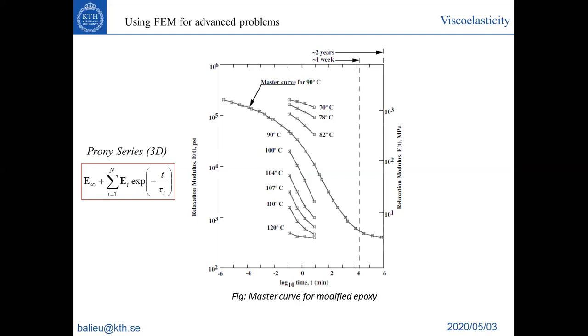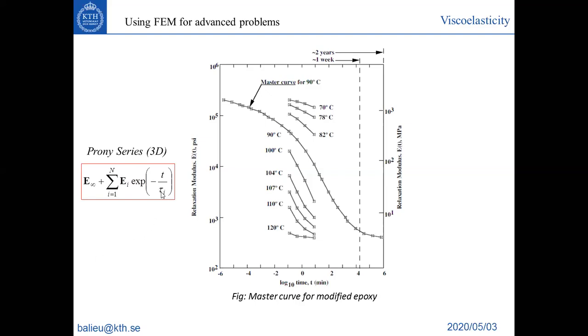You will see this also in the exercise. You can also characterize this point. And if you fit with this model, you can also deduce all the Ei. So this is a way of characterizing the terms that you put in the Prony theory.